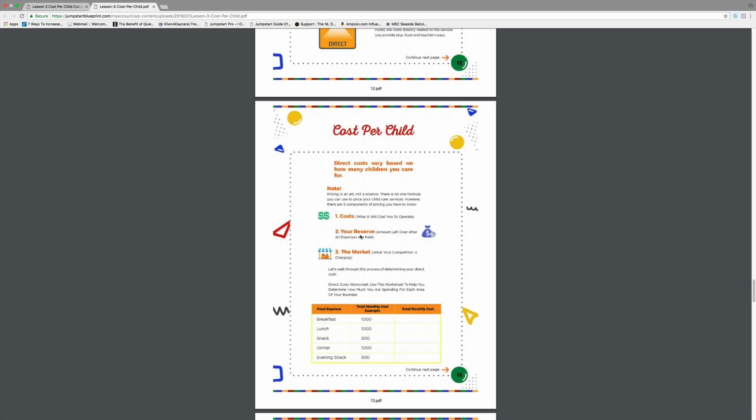Number 2, the reserve. That's the amount left over after all your expenses are paid. What does your business profit after all your expenses are paid? And then number 3, what is your competition charging? Several of us like to be comparable to the market, and we like to stay within our means and not rock the market.